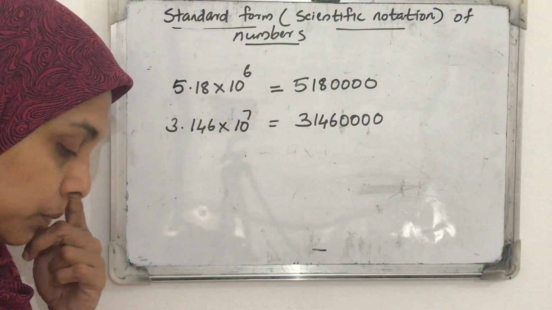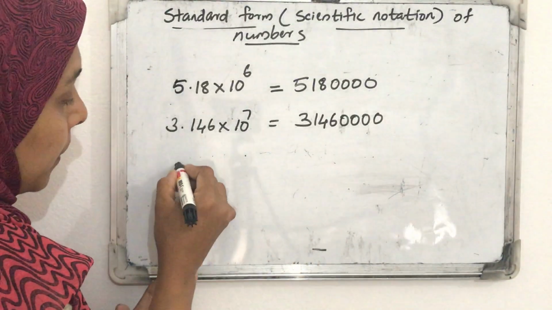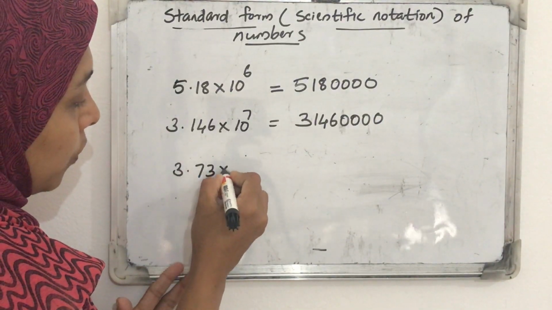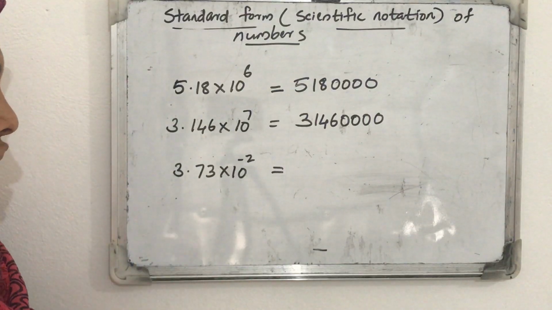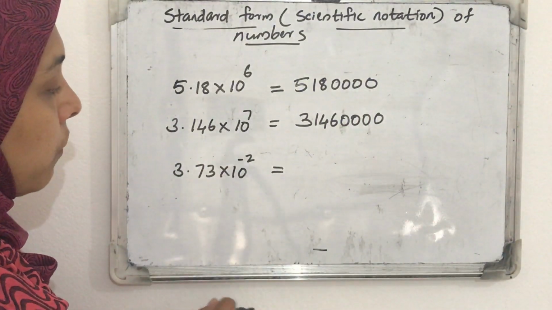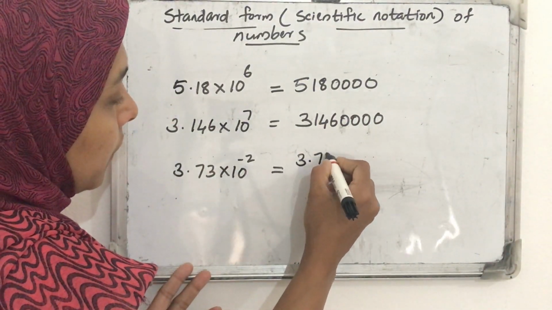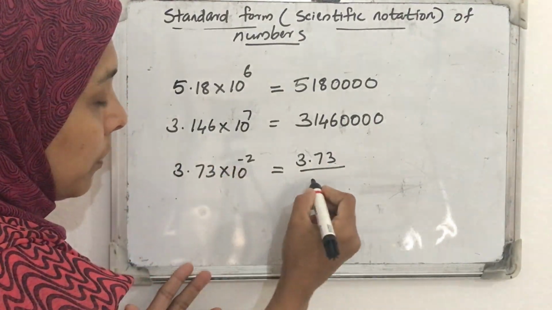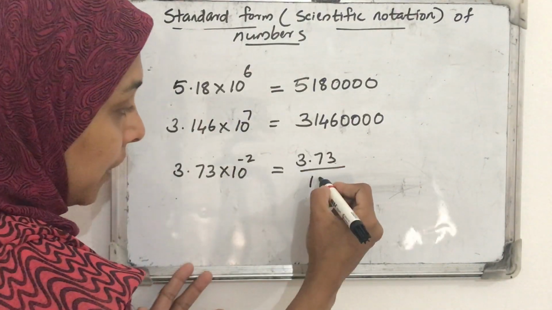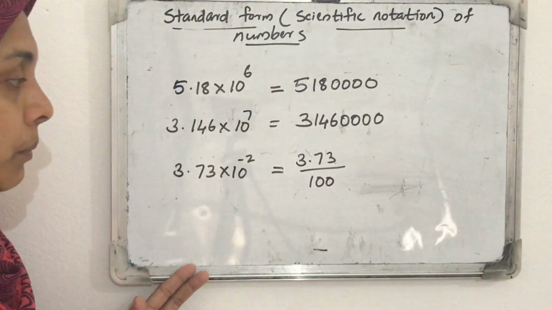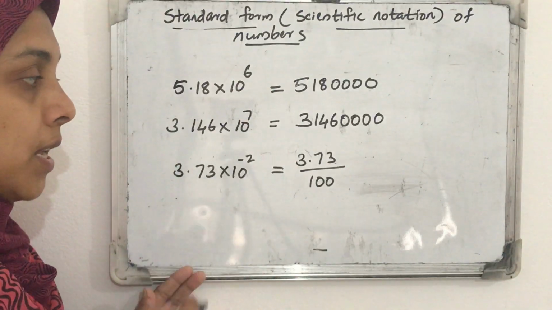Okay, just like small numbers, if it is a number 3.73 into 10 raised to minus 2, how can we express this in expanded form? For that, first, 10 raised to minus 2 will be divided by, if it is a negative power, we can write it in the denominator part, because the power is 2, so we can write it as 100.